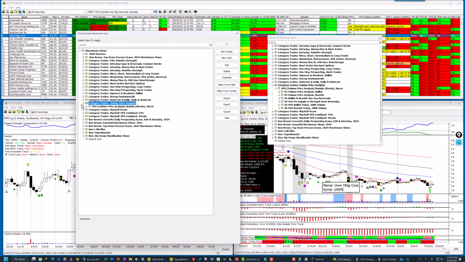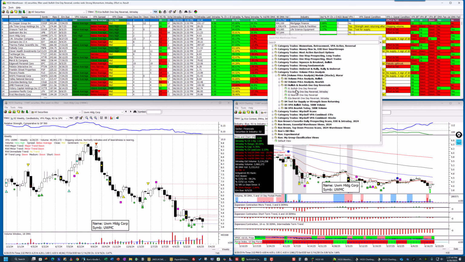Go into category trades, click on volume price analysis, and hit the delete key. Then when you install the add-on, you'll have the files like I'm going to show them and discuss them today.